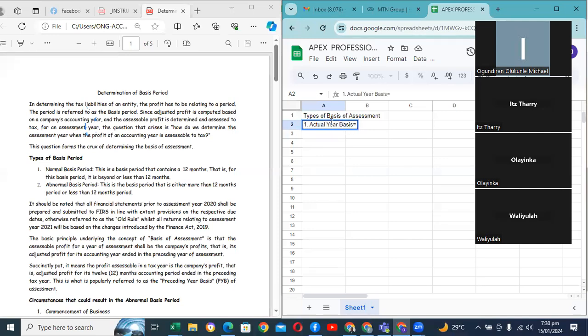What does actual year basis mean? Actual year basis means that the company, or an individual, is assessed to tax in the accounting year.